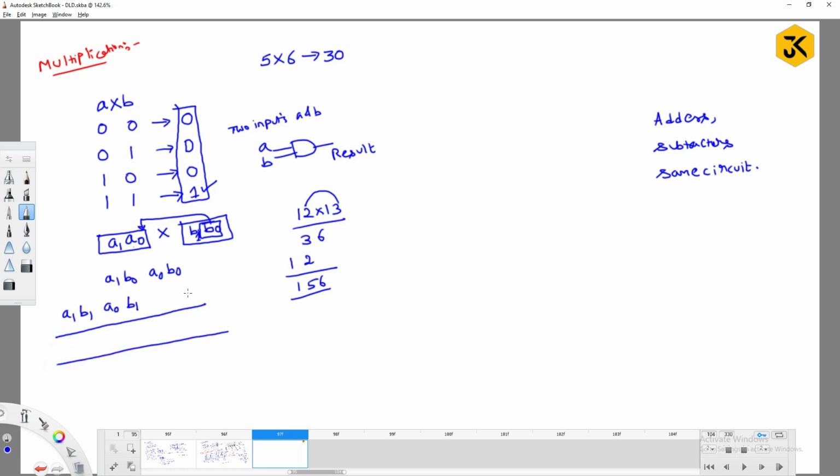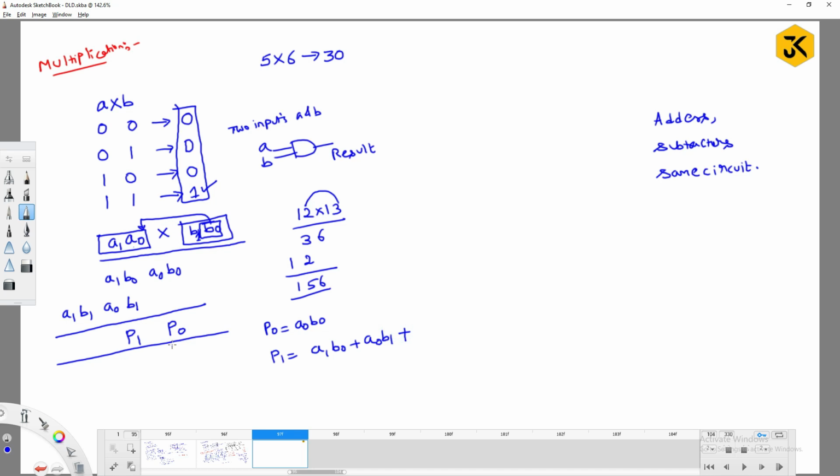So this is what I am going to do. Finally I am trying to perform some operation. So your result, I can say it as p naught, meaning that p naught will be a naught b naught, and I can call this p1. P1 means it will be a1 b naught plus a naught b1.